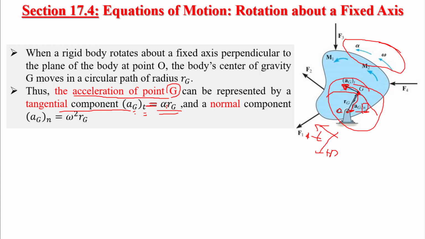Either we can use dot product or cross product. Either we care about magnitude, so we put it like this without cross product, or we care about magnitude and direction, in which case we use cross product. Here we care about magnitude only because we know the direction. And the normal component of the acceleration of the centroid, AG in the normal direction, equals omega squared RG.